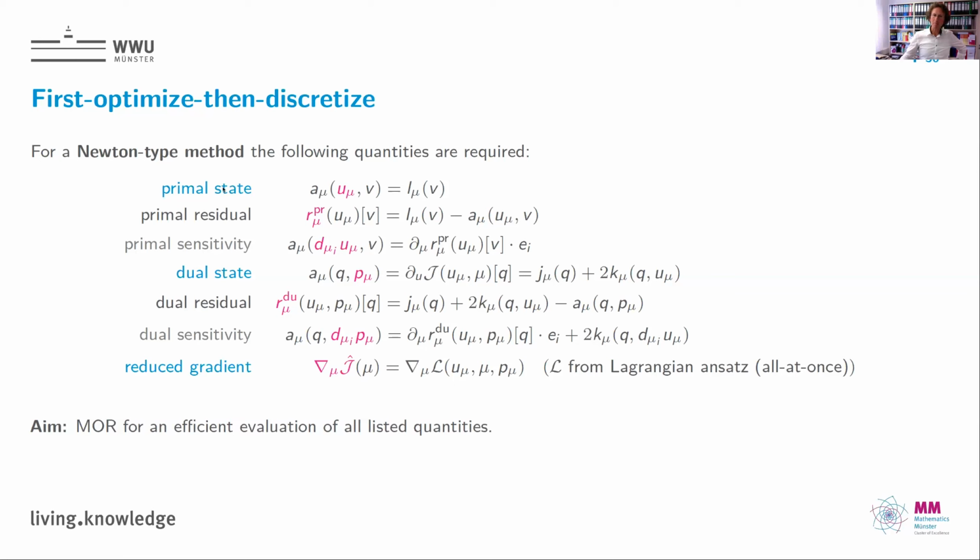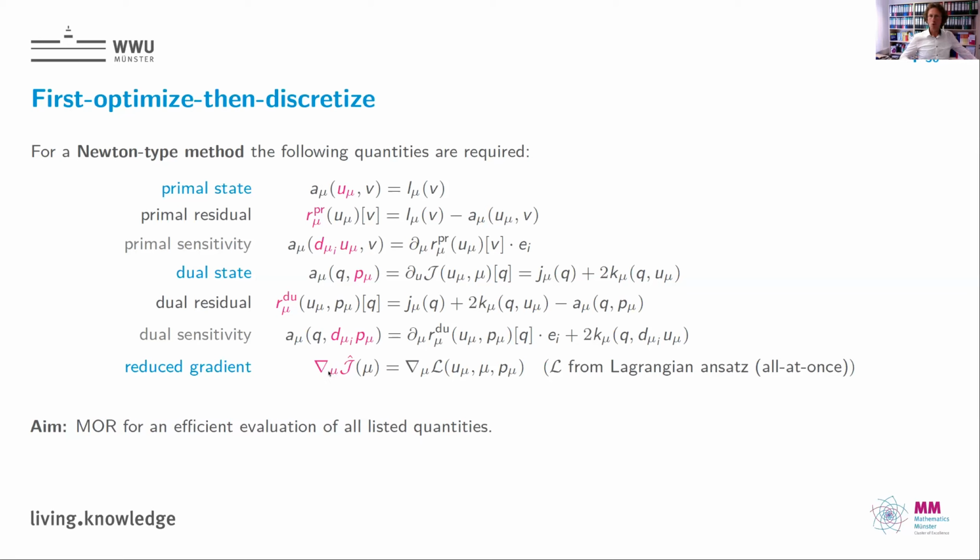The dual state and the primal state, and this comes from this optimality condition, they can be used in order to compute gradient information of the objective function as indicated here. So we want to have a reduced gradient. And this reduced gradient is given by the parameter derivative of the Lagrangian of the optimization problem that is evaluated in the primal state and the dual state. So computing primal and dual state and looking at this quantity, you get derivative information of your objective function in each direction of the parameter.